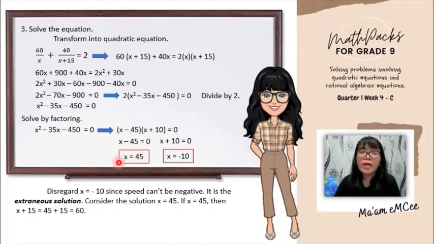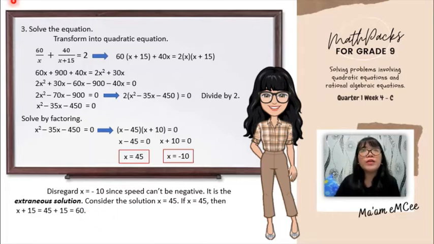So remember, x is the slower speed. That means to say our slower speed is 45 kilometers per hour. Now, our faster speed is x plus 15. So x plus 15 is equal to 45 plus 15, because x is 45. So that is equal to 60. So our faster speed is 60 kilometers per hour.